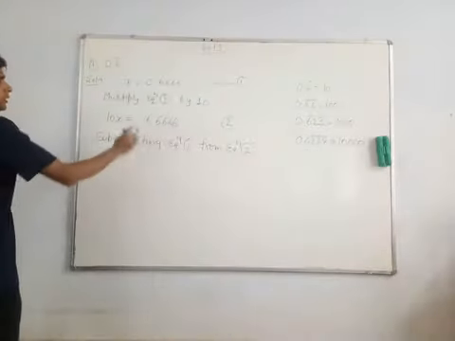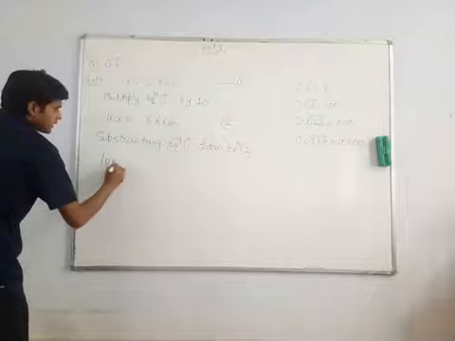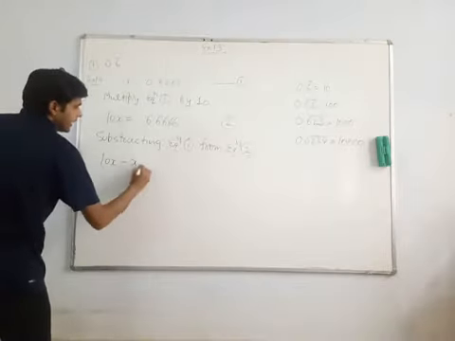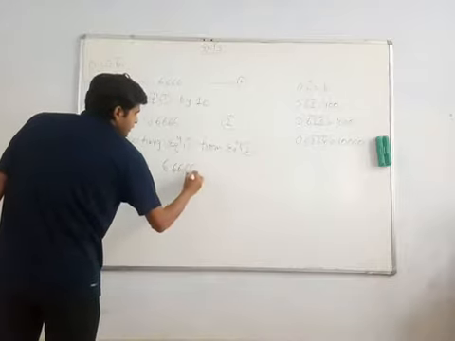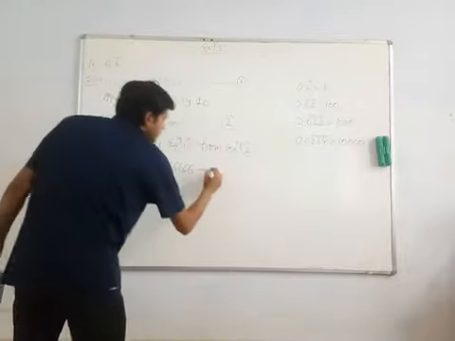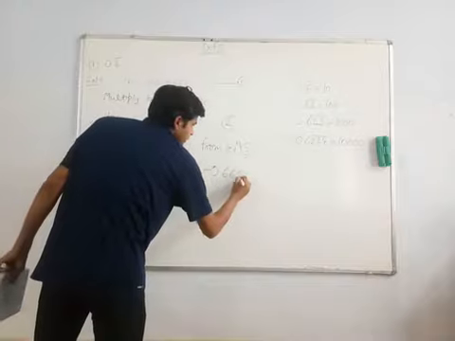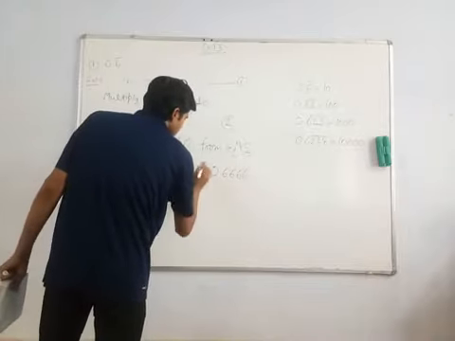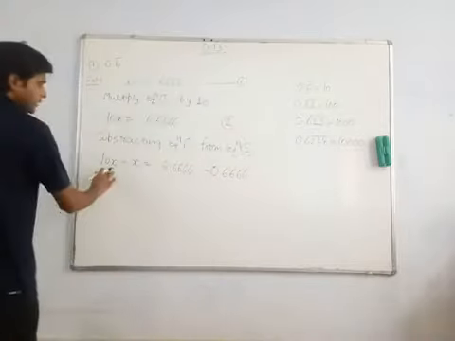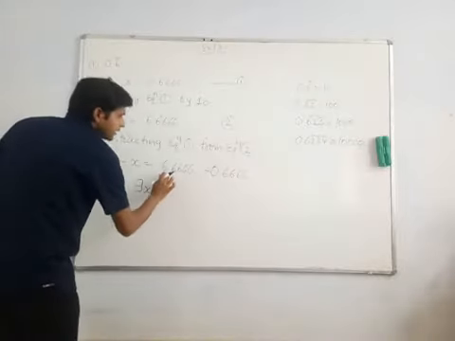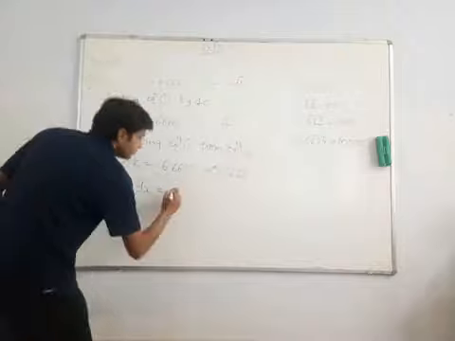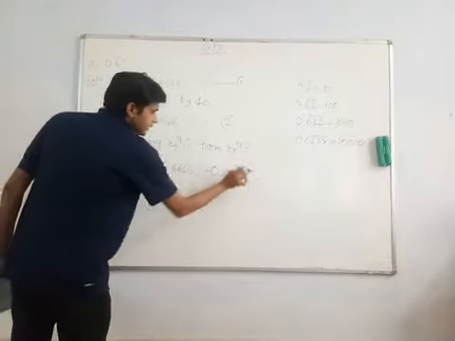Second means 10x minus x equal to 6.6666 minus 0.6666, right? 10x minus x is 9x, 6 minus 0 is 6, and 0.666 minus 0.666 is 0.